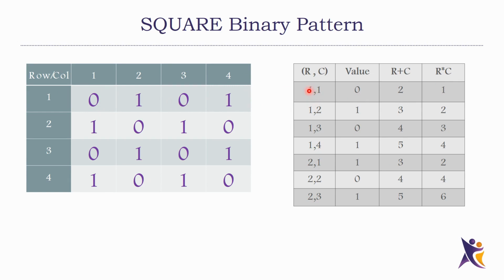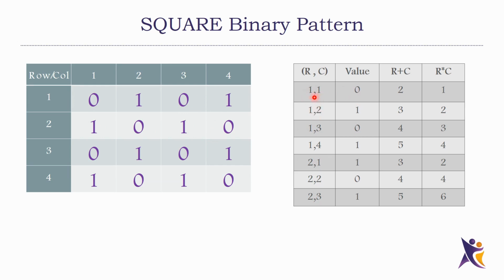So here what I have done is just add 1 comma 1. This is nothing but the row number, and this is nothing but the column number. For this 0, the row number is 2, column number is 2. For this one, row number is 2, column number is 3. That's how I have written the format here.